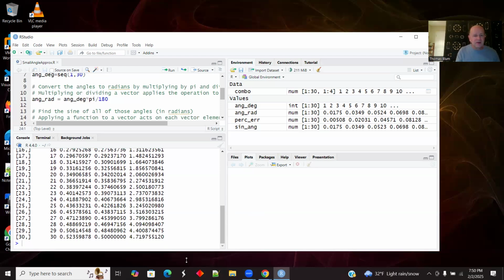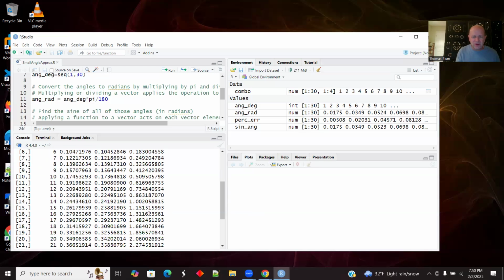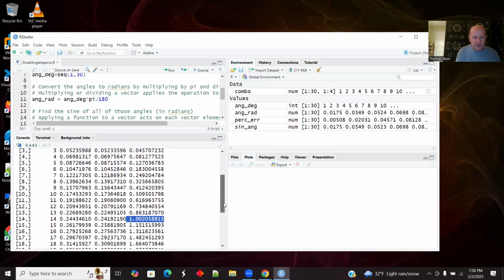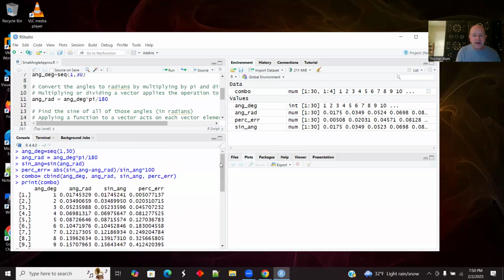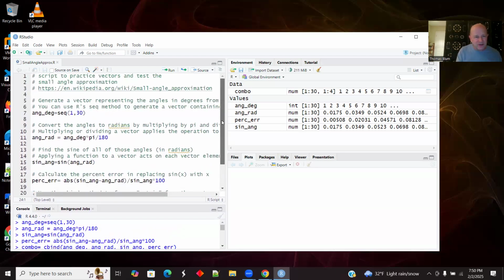So this approximation is well known, but you can use this little script to pick a tolerance, a percent error that I'm willing to put up with, and then figure out how big the angle can be and be within that tolerance. And it's really just a demo of vectors in R.